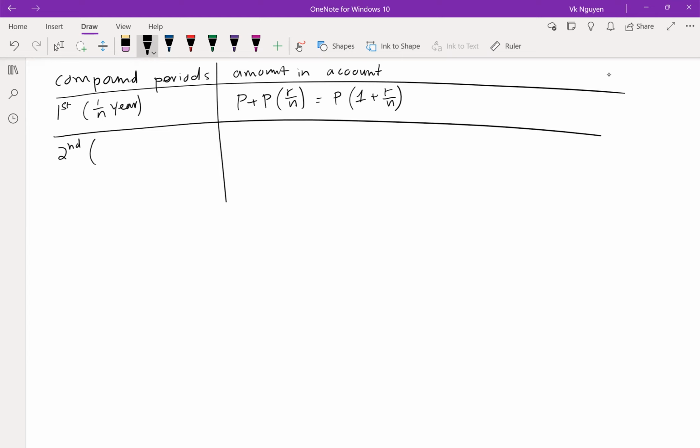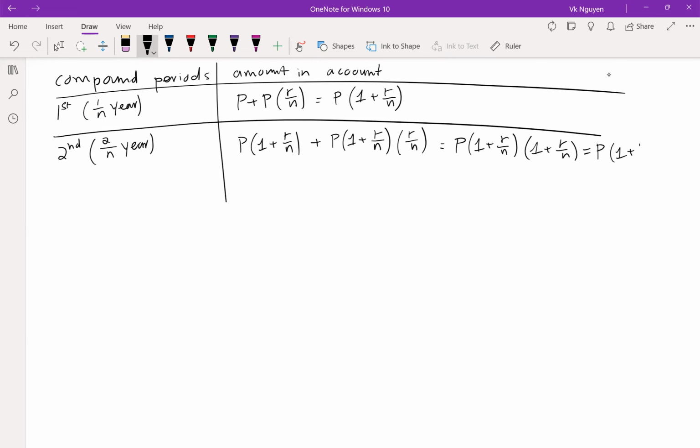Second compound period, 2/n of the year. So this would be P(1 plus r over n) plus this amount multiplied by r over n. We can factor out the common factor P(1 plus r over n), and we have 1 plus r over n, which gives us P times (1 plus r over n) squared.